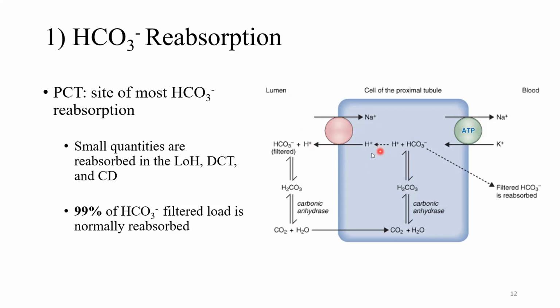And since this reabsorption is coupled with hydrogen secretion, in this scenario you will end up secreting more hydrogen than you usually do. Okay, and this extra hydrogen will be lost in the urine.